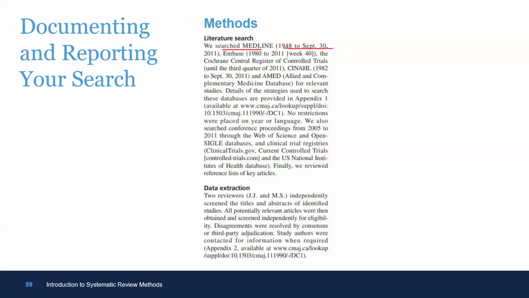Because if your search stopped 2 years ago, your results may be wrong. In the last 2 years you've not searched, there may be more than 100 new papers. If you included 30 papers here, it means these 100 could have been key papers to include. So that's why we have to report when you searched.